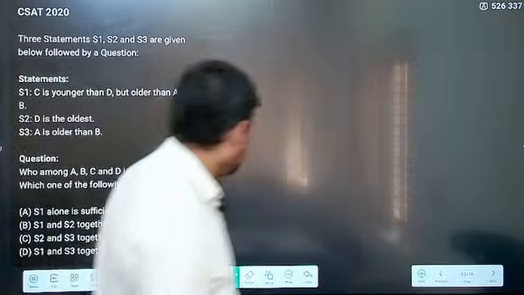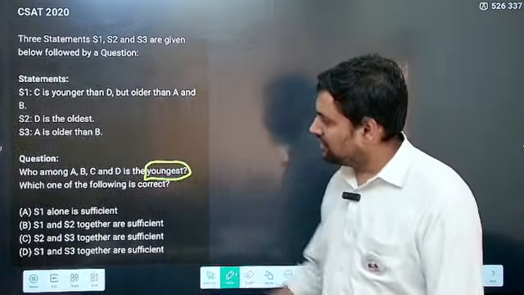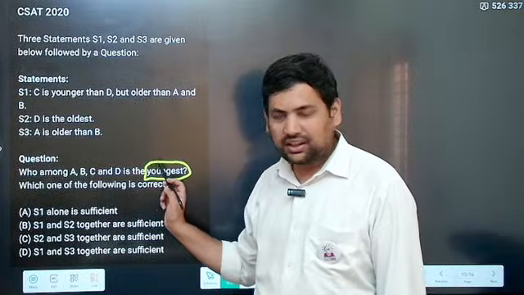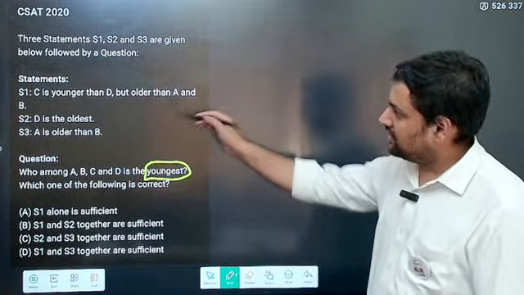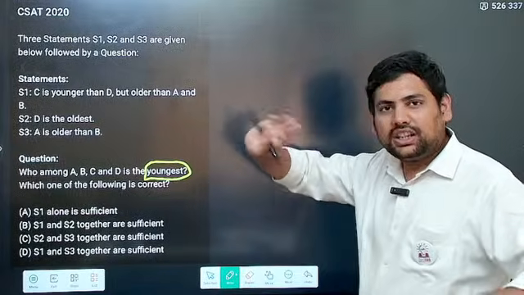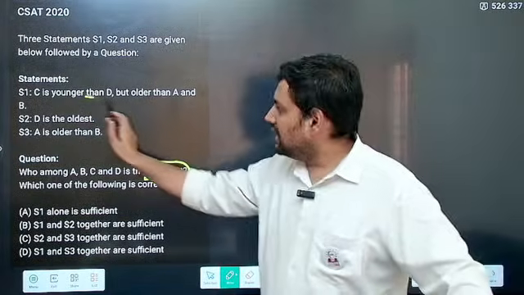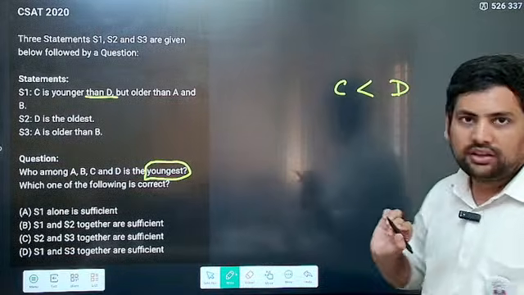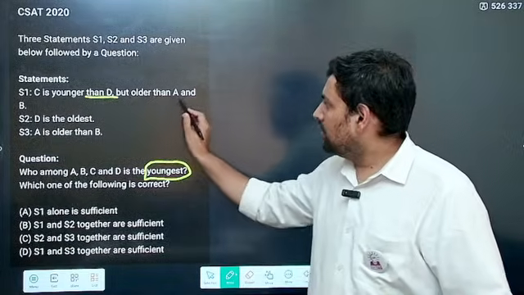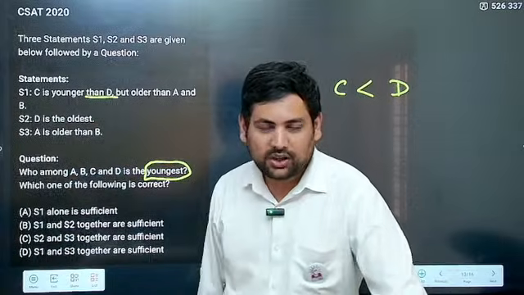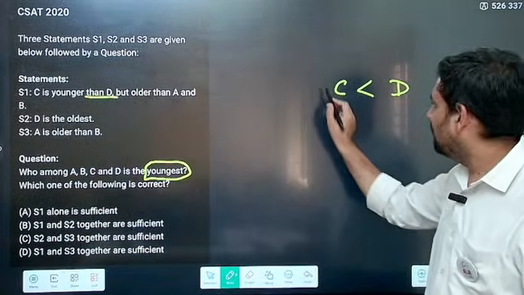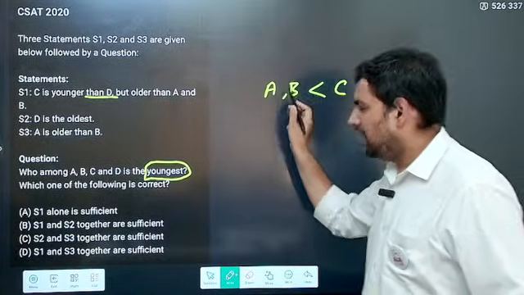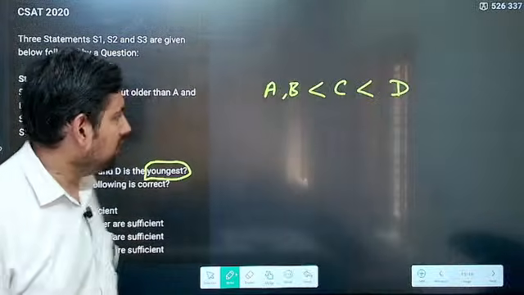Now, what you can do, you can simply start writing it. You are trying to find out the youngest, correct? So let's say I use the greater than, less than sign. C is younger than D, but older than A and B. I don't know the relation between A and B for now.